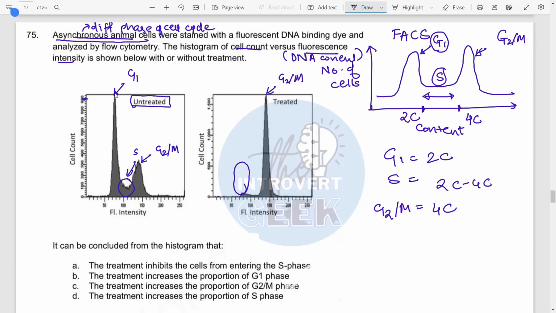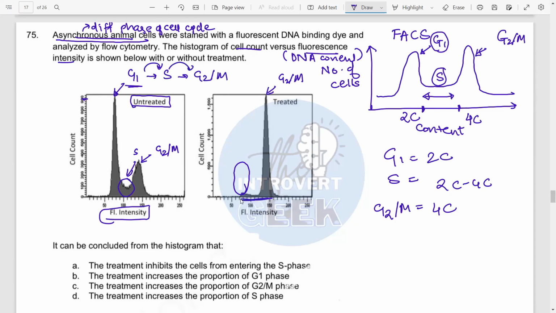When you treated this, these cells which were in this G1 stage, when you treated it with the treatment agent, say X, what happened is that the G1 cells are not going to stay in G1 forever, right? They will progress from G1 to the S and from S to the G2. Correct.